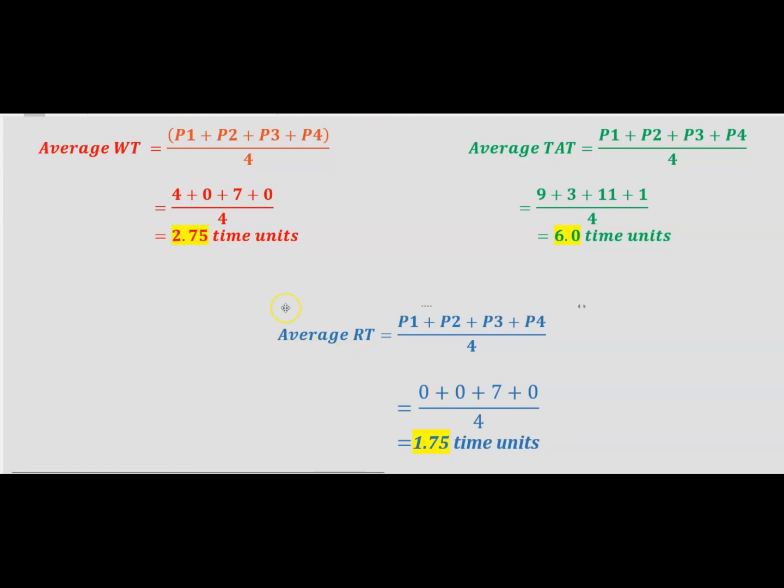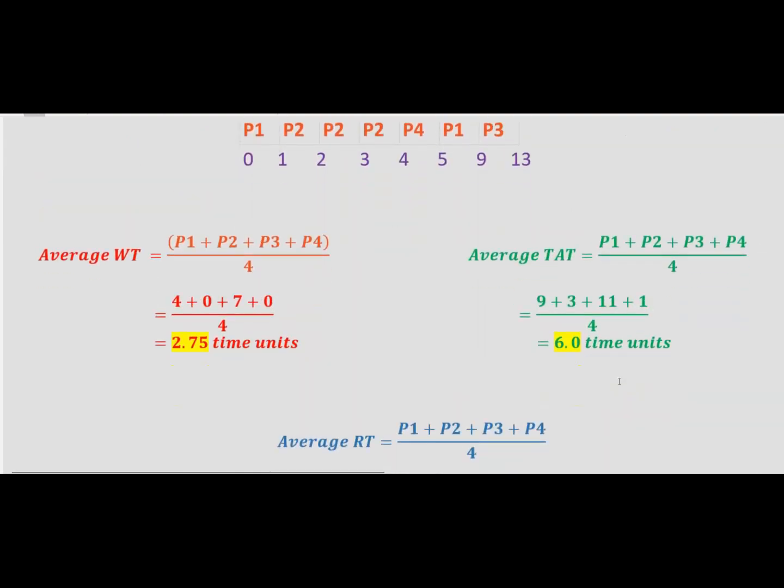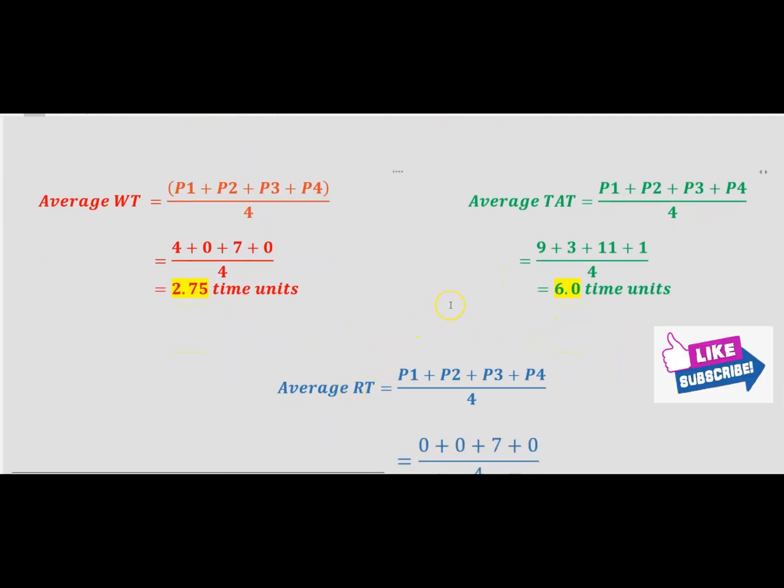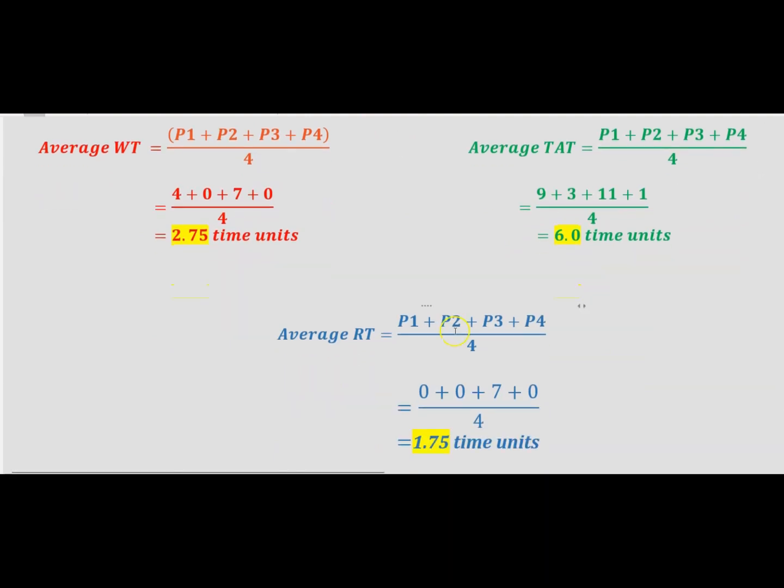All these values you can get very easily from the table, because we have calculated the waiting time, turnaround time, and the response time. Simply divide by 4 and get all the values. So I hope you got the concept of shortest job first in both the modes, that is preemptive as well as non-preemptive. Thank you so much.